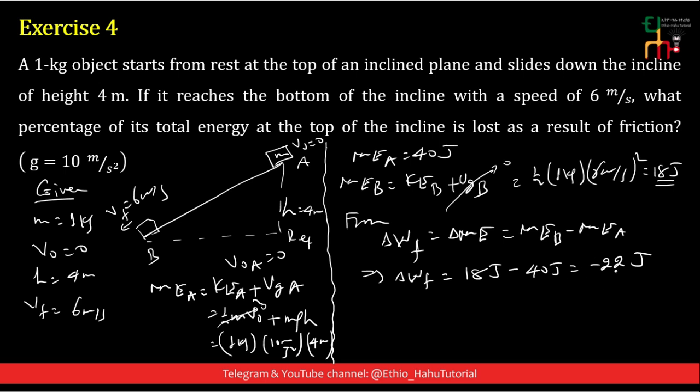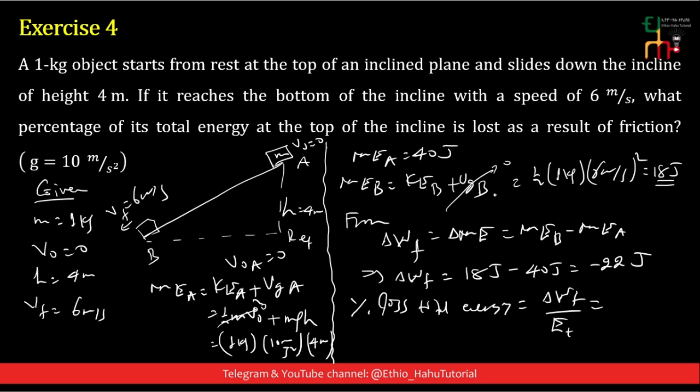Here the negative sign shows that work is done by friction, and this is loss in mechanical energy of the system. But the question is, what percentage of the total energy is lost as a result of friction? To find the percentage loss of the total energy, it is equal to work done by friction divided by total energy.